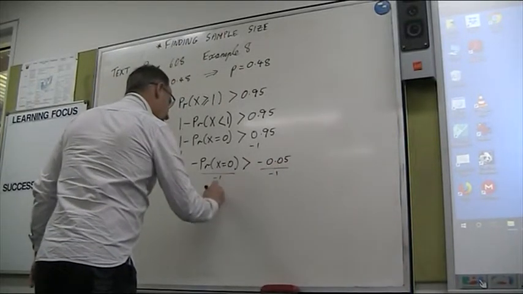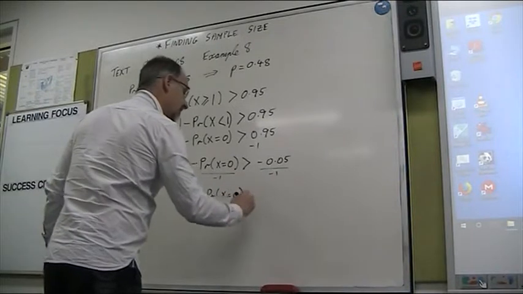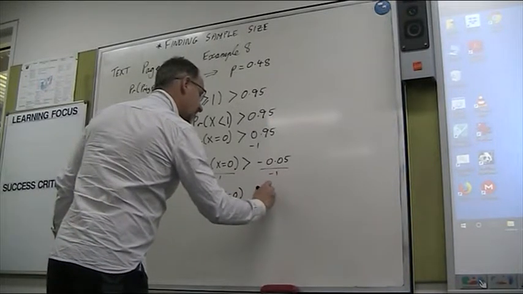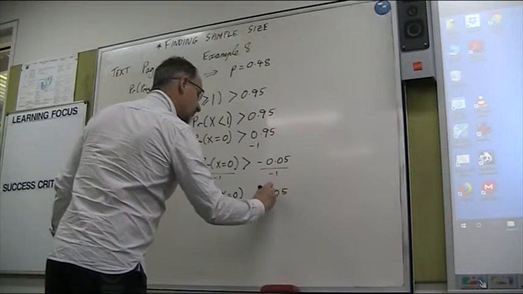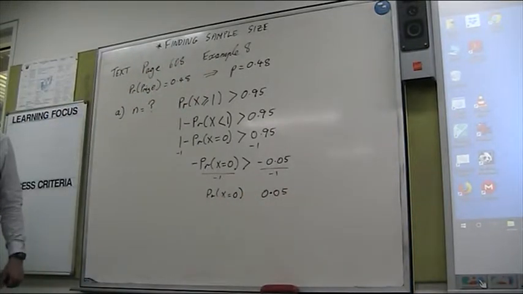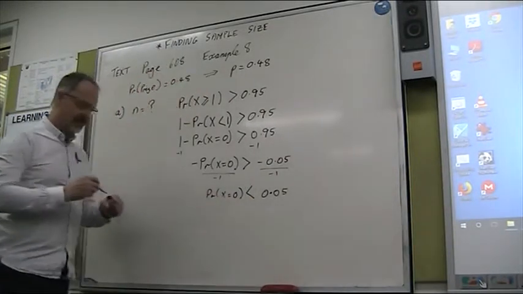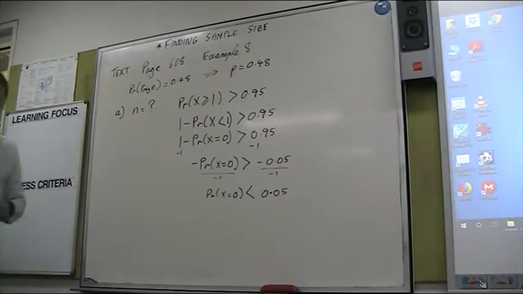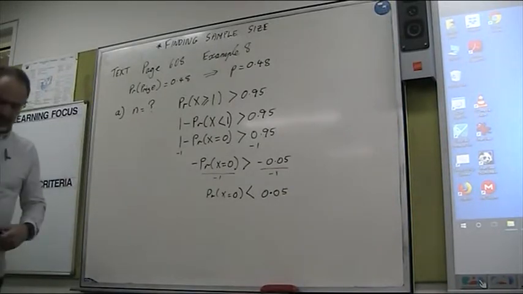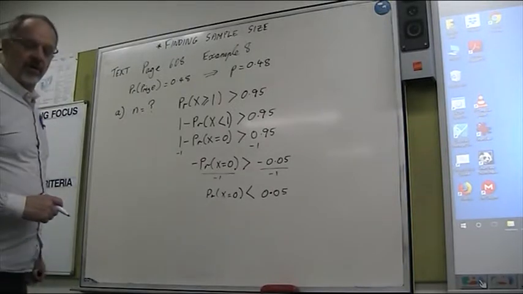Now when we divide by a negative, we must remember to change the sign. So we're looking at the probability that x is equal to 0 to be less than 0.05. All right.